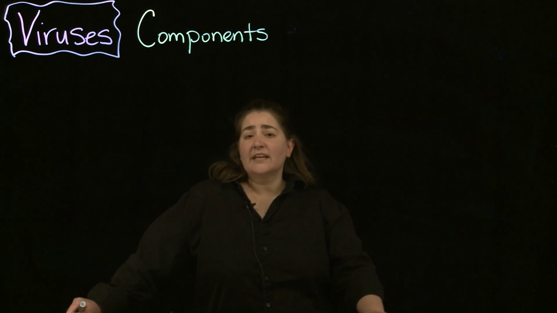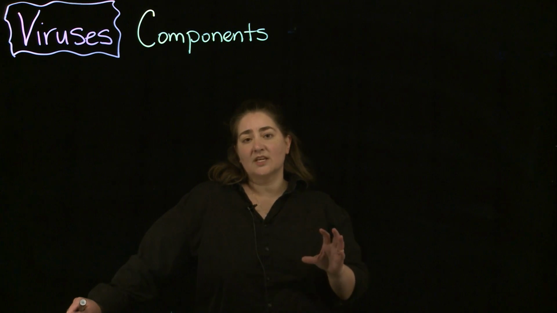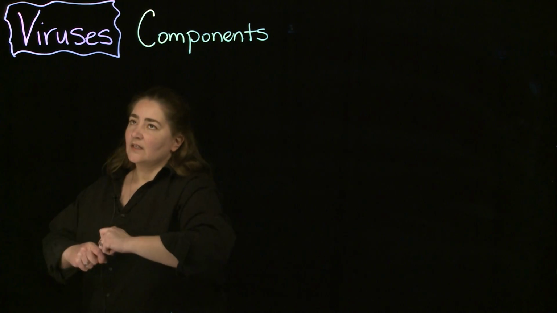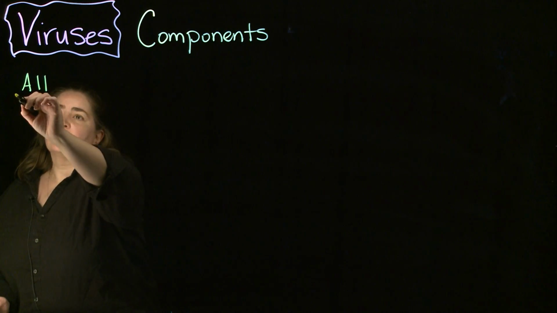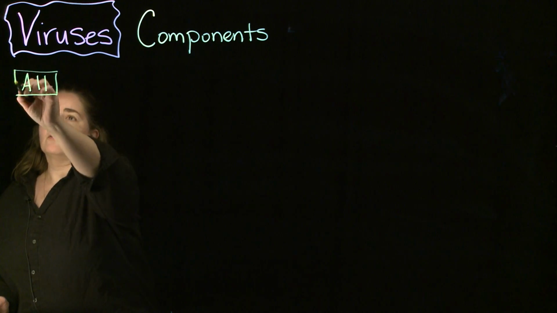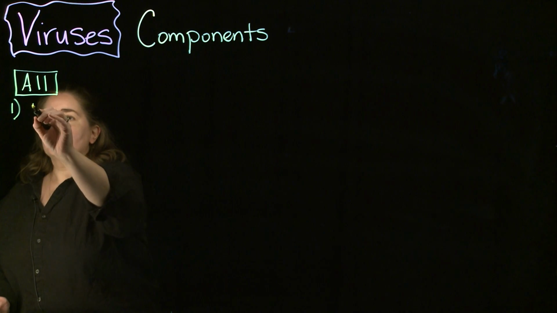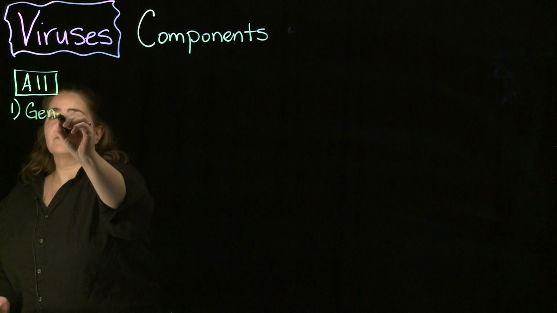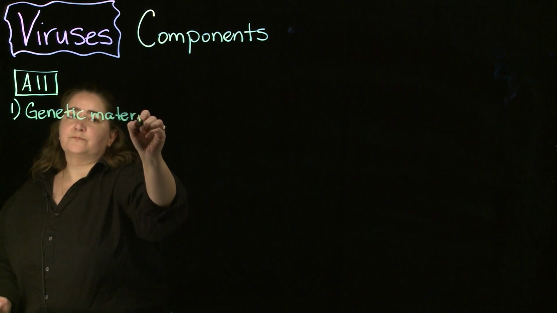All right, so our next topic is going to be the basic components that are associated with viruses. Now, in terms of viruses, there are two components that are found in all viruses. One of those components is the genetic material.